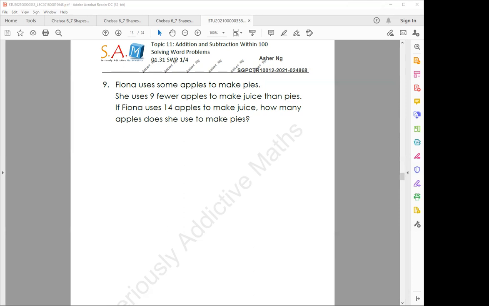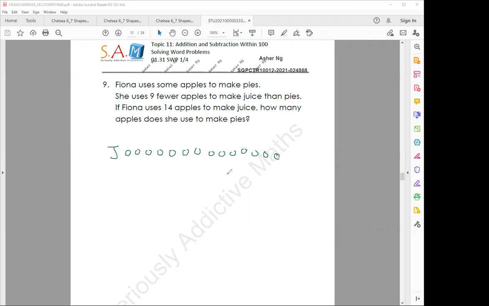Maybe just to demonstrate, I'll do a quick demonstration. This is Fiona, but the whole thing is more about apples. So let's see, 14 apples to make juice. So juice, 14 apples: 1, 2, 3, 4, 5, 6, 7, 8, 9, 10, 11, 12, 13, 14.